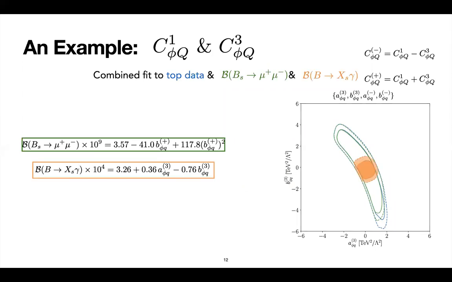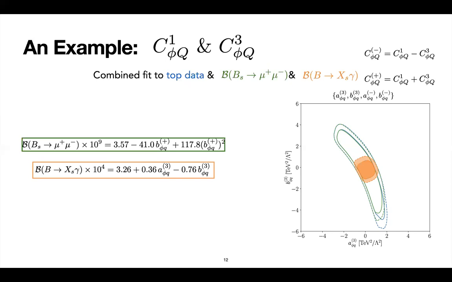Now, the second surprising thing happens when we introduce B to Xs gamma, namely a lot. And this is surprising because B to Xs gamma is a loop-induced process, so we expect not that big of a sensitivity.